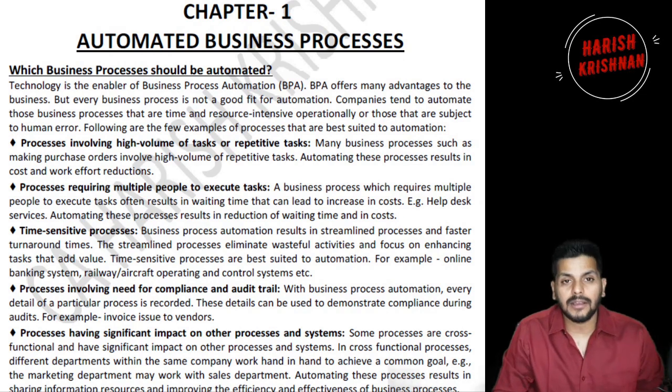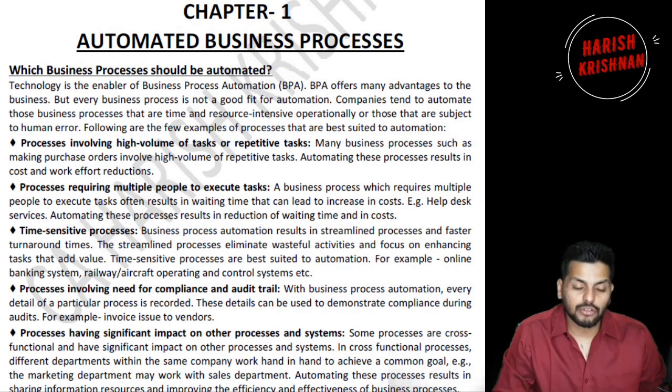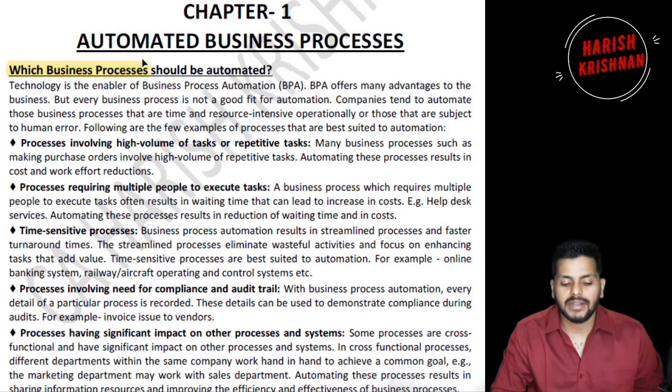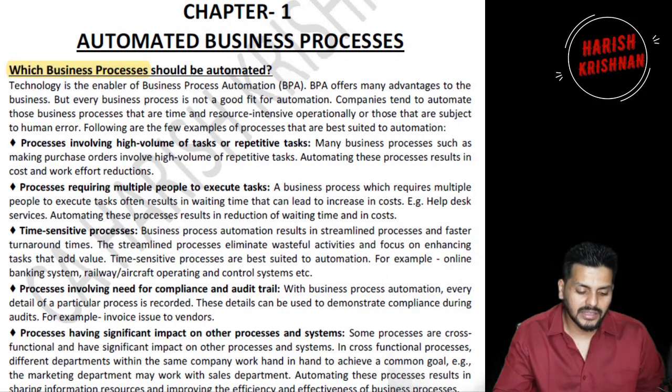This can become a short answer question in the exam, so I want all of you to concentrate on this one. Which business processes should be automated? Now I hope all of you know the answer here. Those business processes which are very critical, those are the business processes that we have to automate.